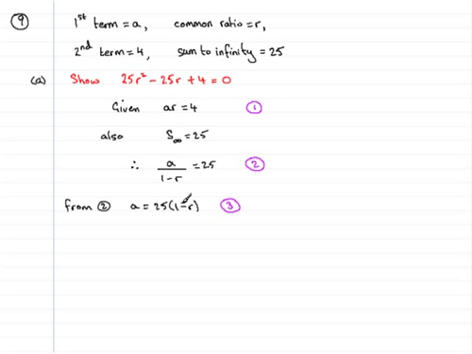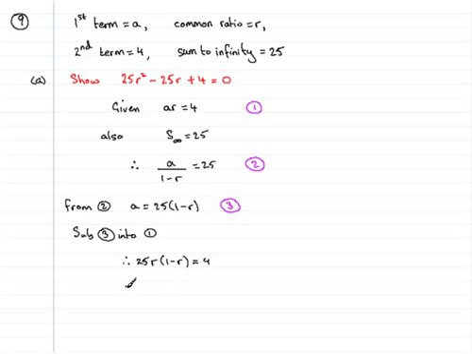So we get 25 times r times the 1 minus r, that's going to equal 4.